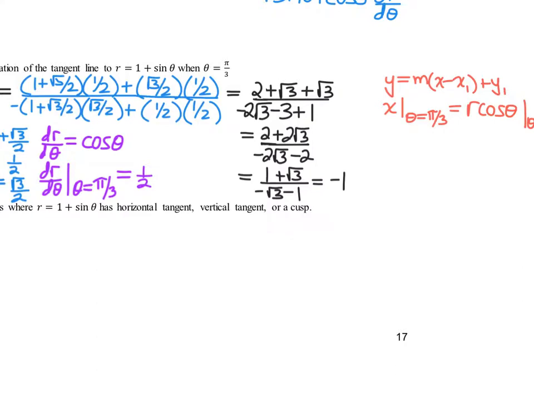I know it's 1 plus root 3 over 2, and I need the cosine, which is 1/2.